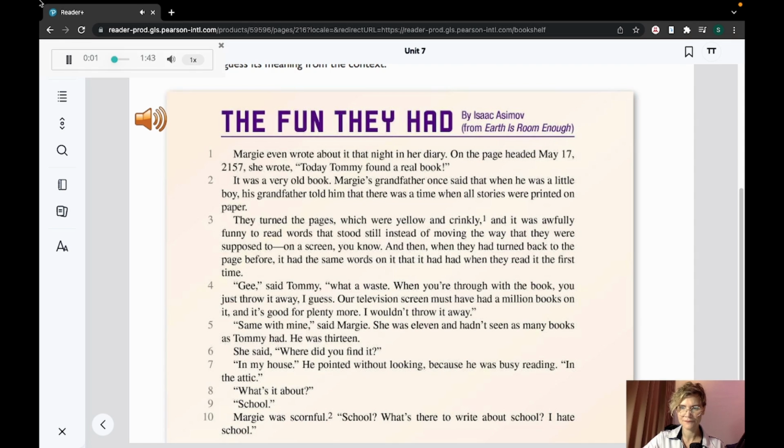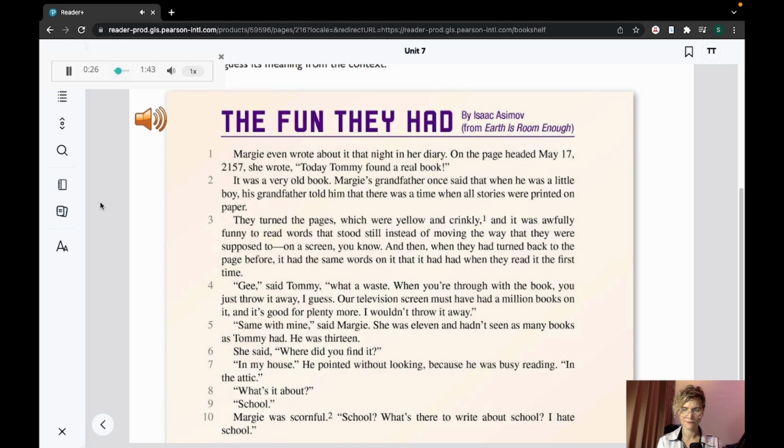The Fun They Had by Isaac Asimov, from Earth Is Room Enough. Margie even wrote about it that night in her diary. On the page headed May 17th, 2157, she wrote, "Today, Tommy found a real book." It was a very old book.